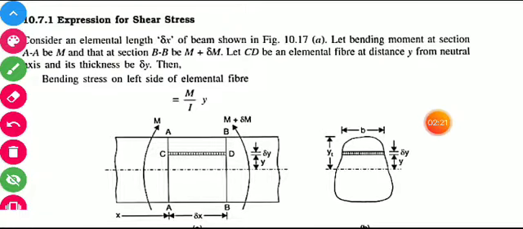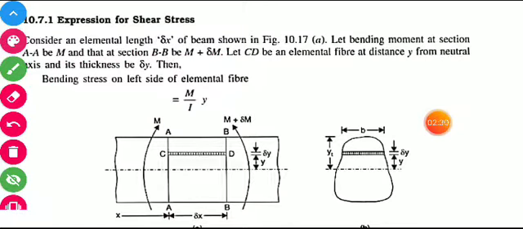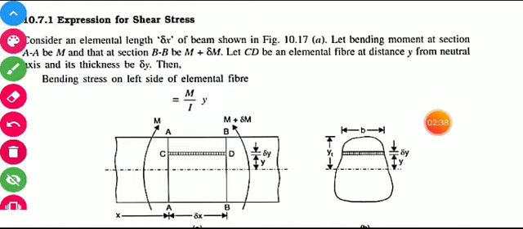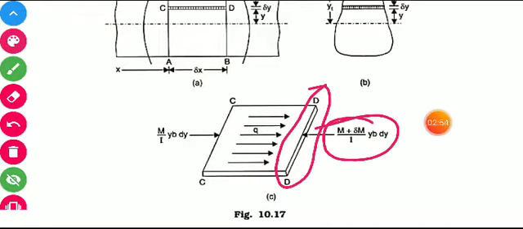Okay, so we know that the bending stress at the left hand face will be equal to M by I into y. We know that f by y is equal to M by I. So from this relation we got this particular bending stress, and the same thing when we see on this D face, the bending stress will be equal to M plus del M by I into y.